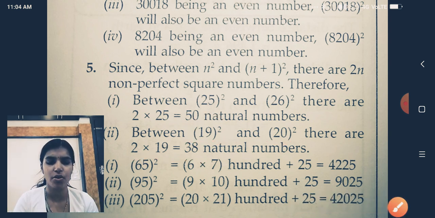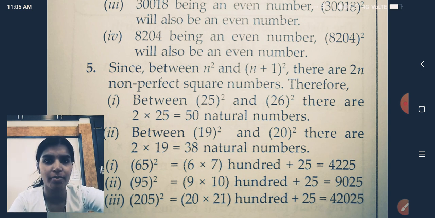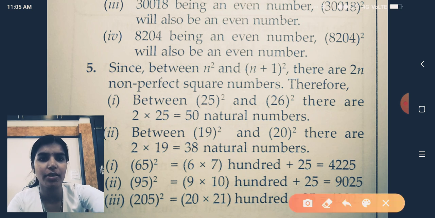Then the last question of our exercise: find the square of the following numbers without actual multiplication. You check that in all the examples, the digits end with 5.